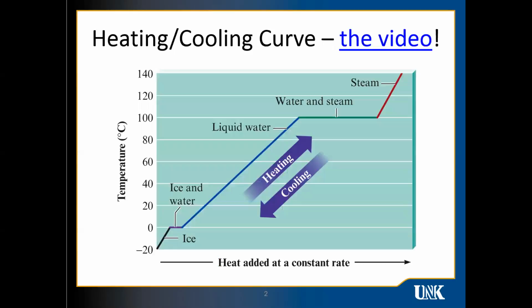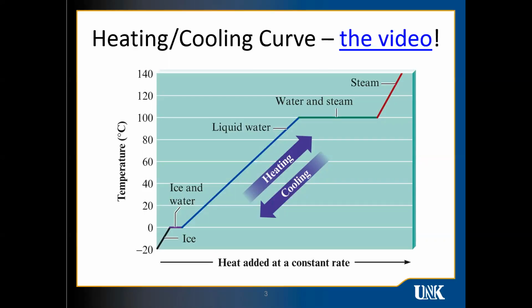And so if we were to relate a substance's phase to temperature, as we add energy or take energy away, we create what we would call either a heating curve or a cooling curve, depending on what direction you're going.